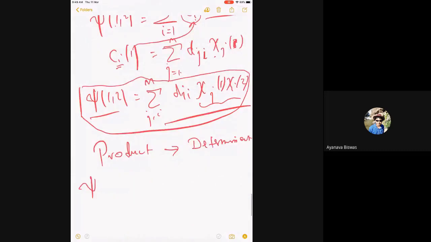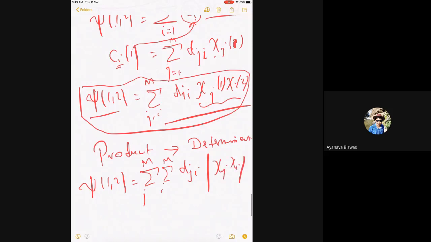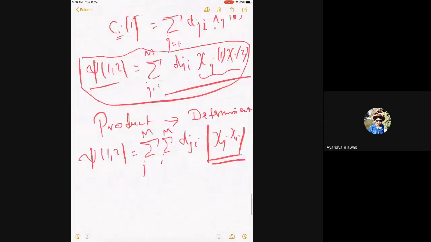So then my psi 1, 2 will become sum over j, sum over I, each of them over m, dji, and a determinant of chi j, chi I. I hope all of you are familiar with this notation. So only I can make this determinant within I and j. So immediately you can see my 2 electron wave function is not one determinant, but sum over all these determinants.